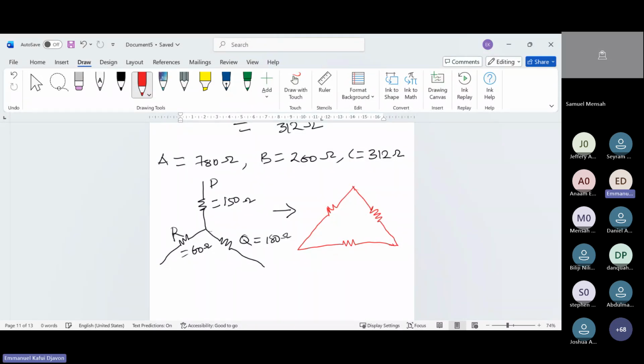Don't forget, in your delta network, this place is A, this is B, and this is C. So C is equal to 312 ohms, A is equal to 780 ohms, and B is equal to 260 ohms.